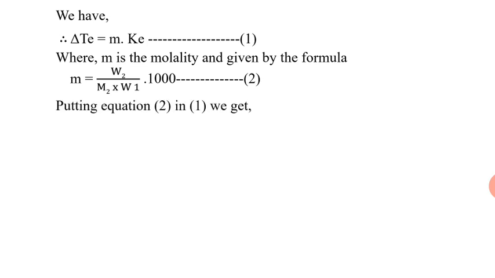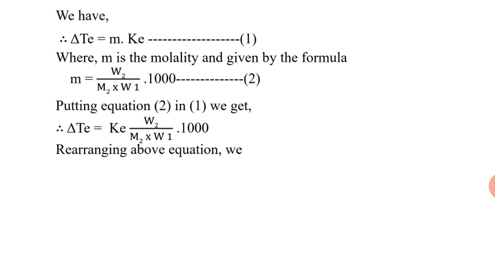Putting equation 2 in equation 1, we get delta T is equal to W2 upon M2 into W1 into 1000 into Ke. Now rearranging the equation, M2 goes to the left hand side, delta T comes to the right hand side. We get M2 is equal to Ke into W2 into 1000 divided by delta T into W1.